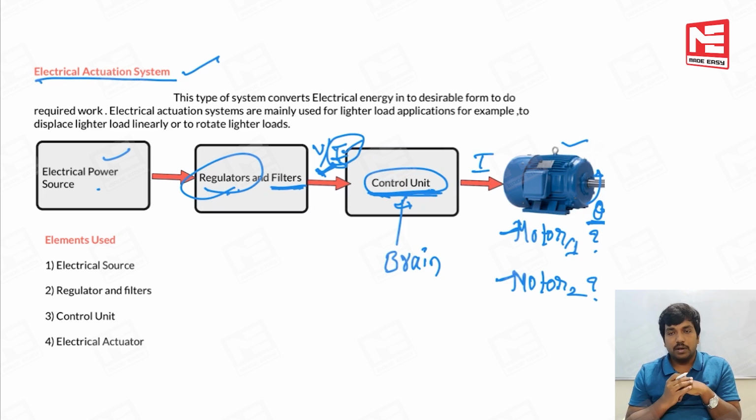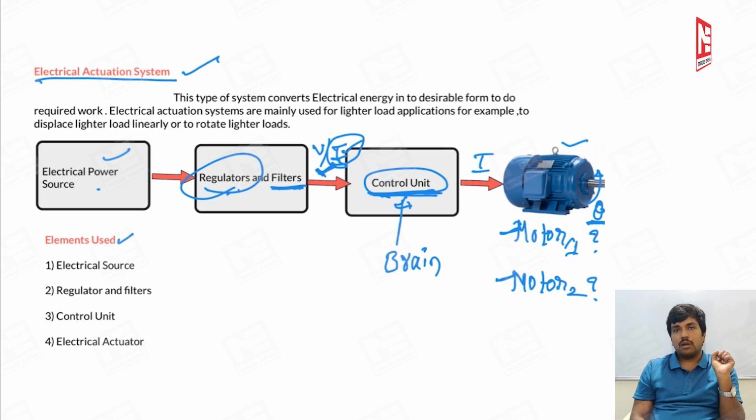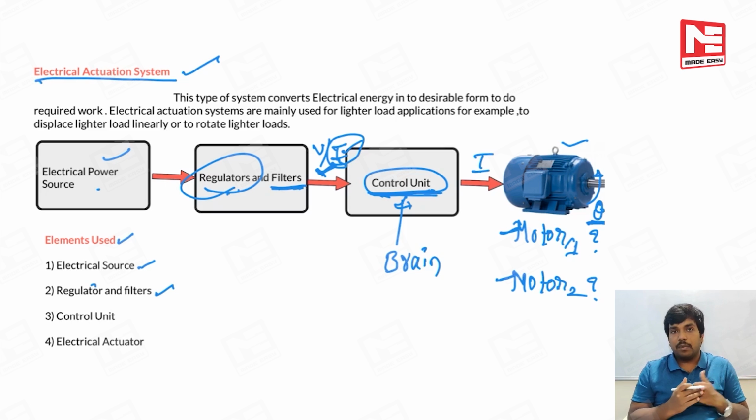That's the advantage of the regulator. And after that we have the control unit. What is the duty of the control unit? It channelizes the amount of current coming to it to the different loads based on importance, priority, and requirement. That is all completely related to the actuation system.